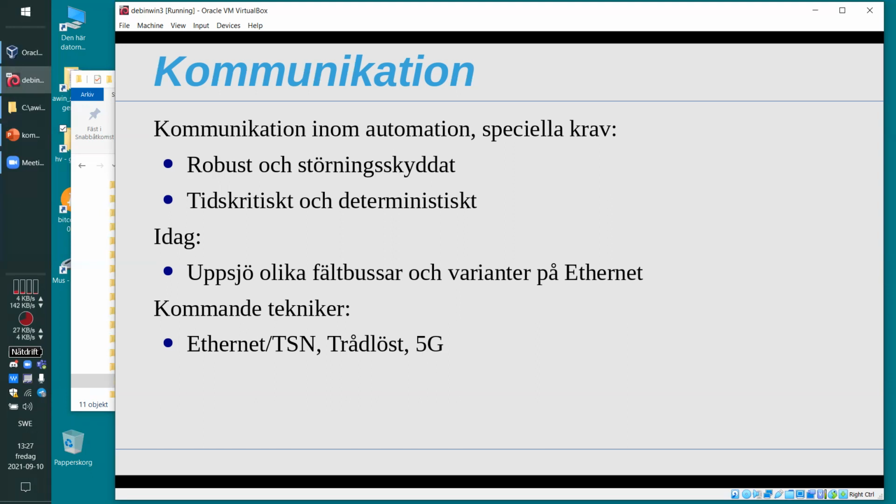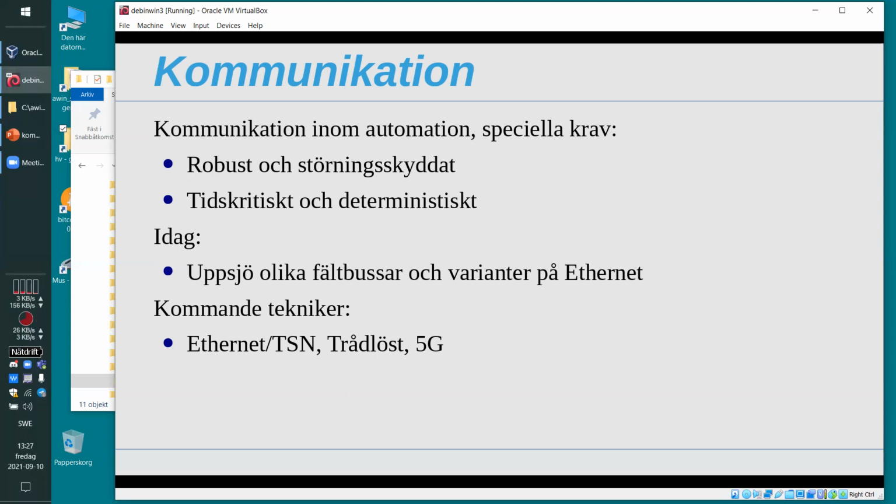It can be quite tight timing requirements. That means it's difficult to use normal office equipment and normal Ethernet to actually control robots and things like that. You need special communication buses and technology.